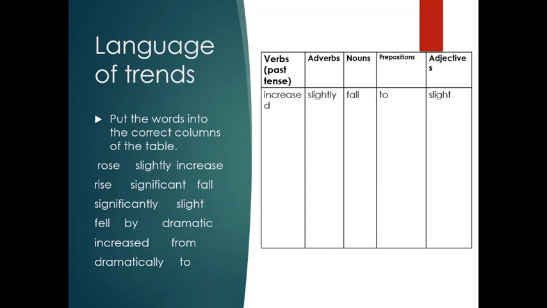Alright, so let's move on to the language of trends. When you are writing trend data, you have to make sure that you know how to vary your language. So please do this activity. You have to put the words in the correct column of these tables. So we have verbs in the past tense, and you have to select the words from this area and put them in the correct boxes. We have verbs in the past tense, adverbs, nouns, prepositions, and adjectives.